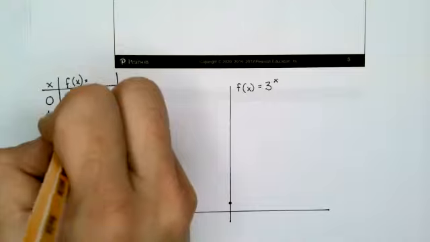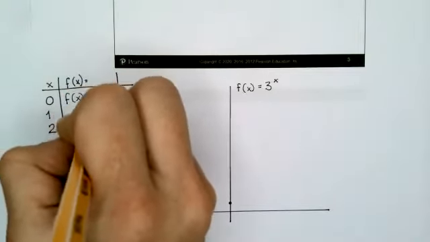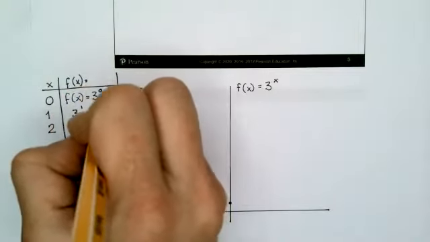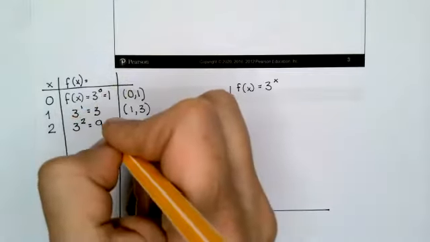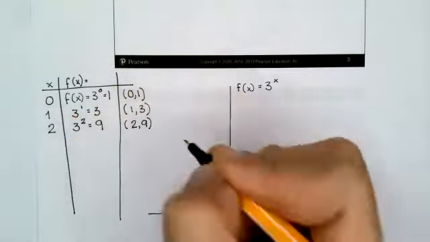What about 2? That means I'm taking that original base and raising it to the power of 2. 3 to the power of 2 is 9. So that's the point (2, 9).